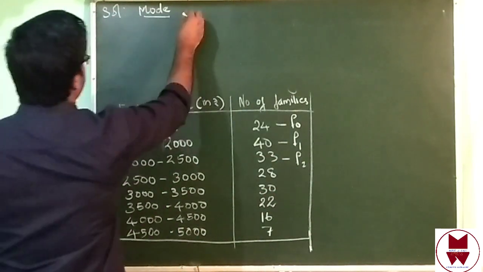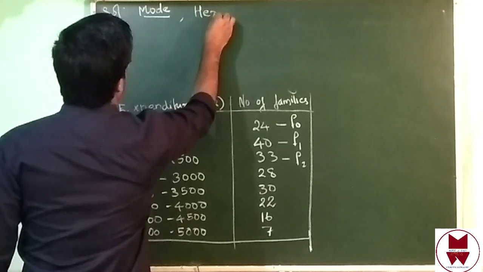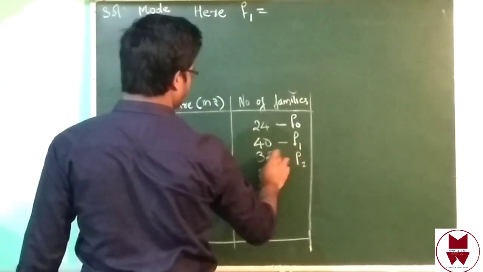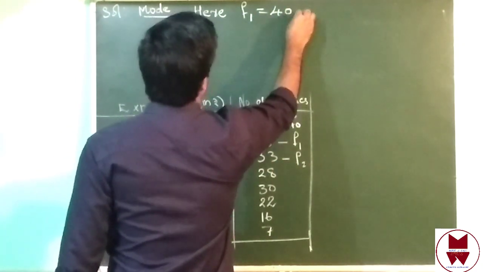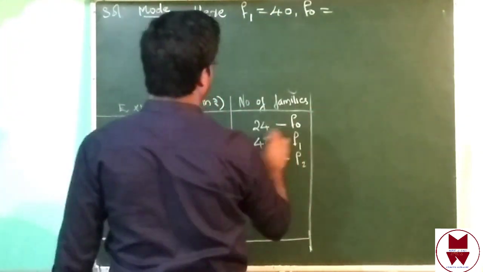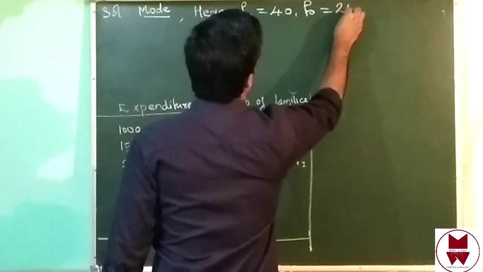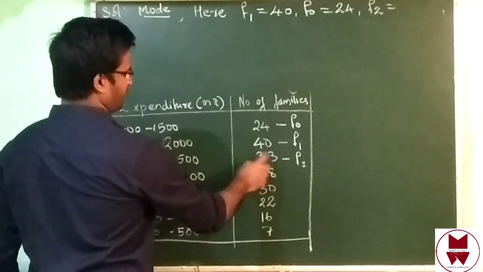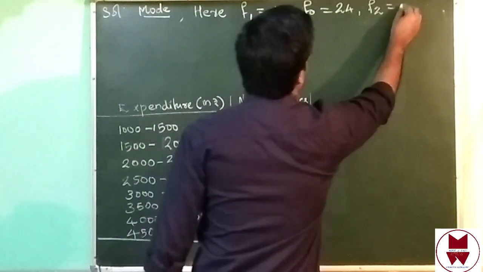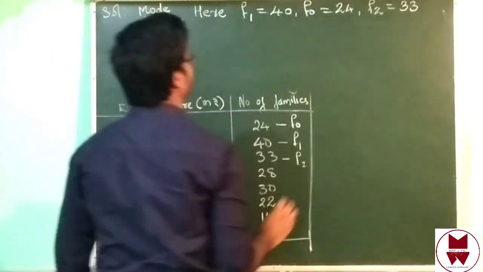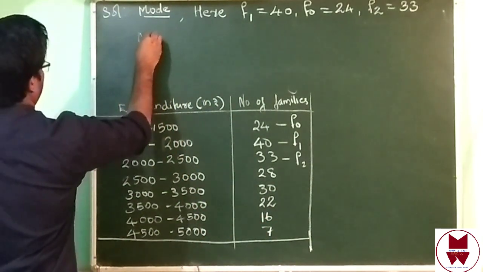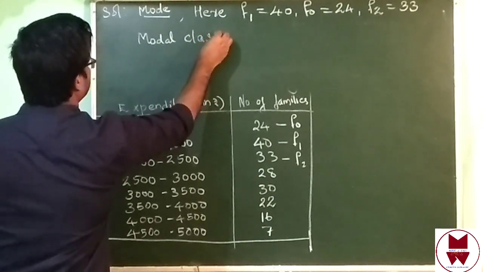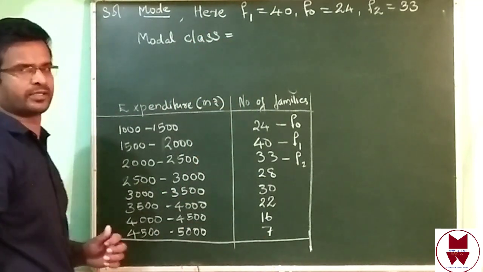We can write here F1 equal to 40, F0 equal to 24, F2 equal to 33. Modal class equal to, what will be the modal class?